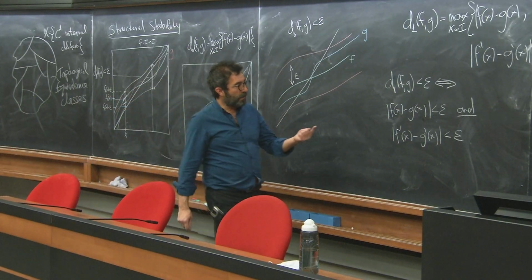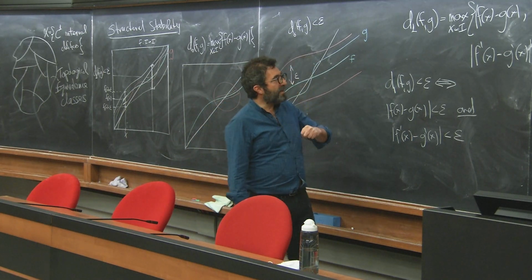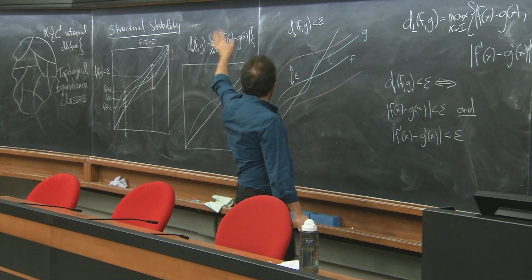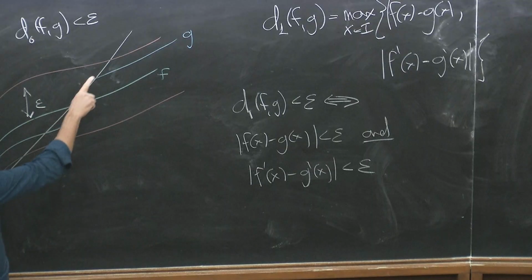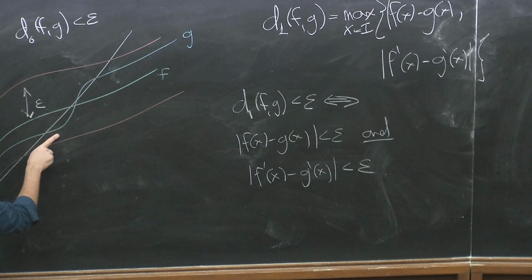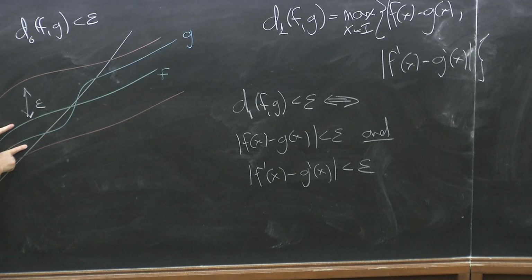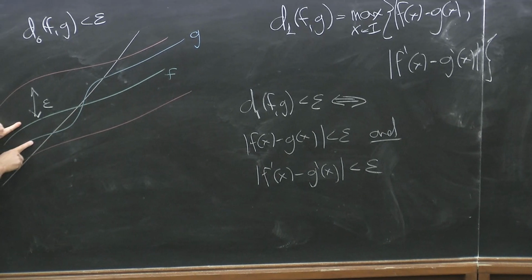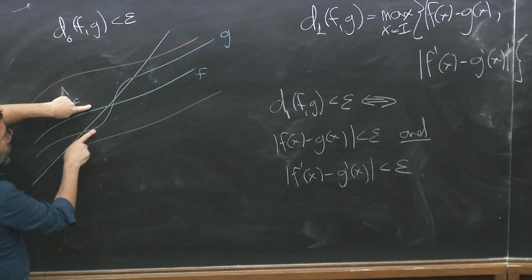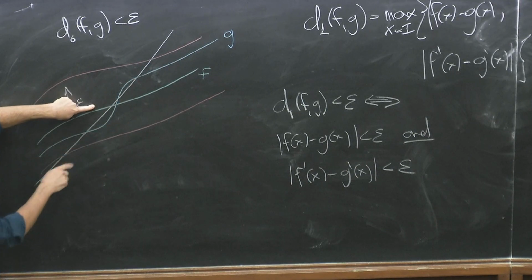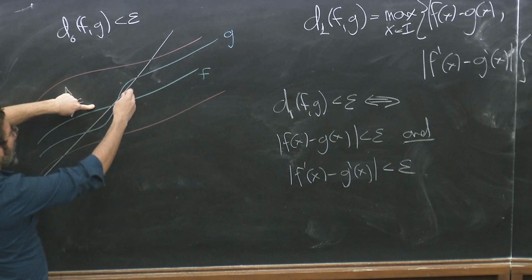So you may have two maps that are very close in the C0 metric, like this one, because you see that in this picture that I drew, the derivative is much bigger, right? Here the maps are within epsilon, and the derivatives are within epsilon. But here, when I tried to create the new fixed points, I had to really change the derivative.